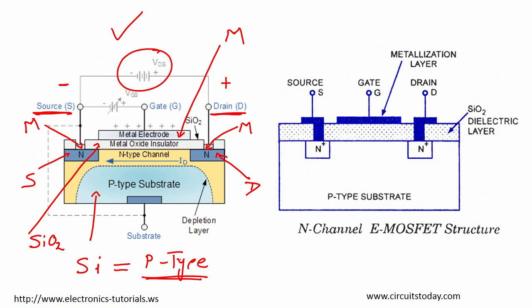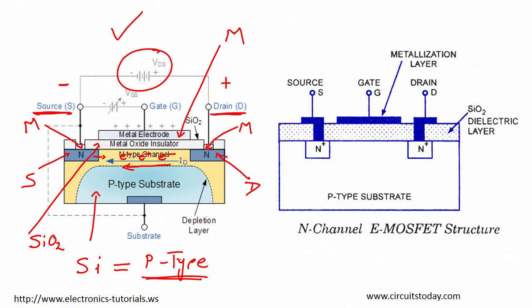And if that is the case, what will happen? My electrons from here will get attracted towards the drain, and we know that when this happens, we can show the drain current in this particular direction. Drain current would be in this direction.